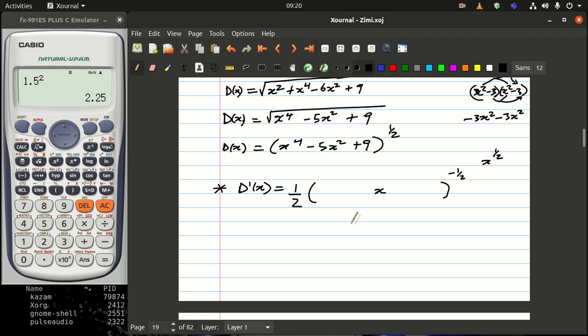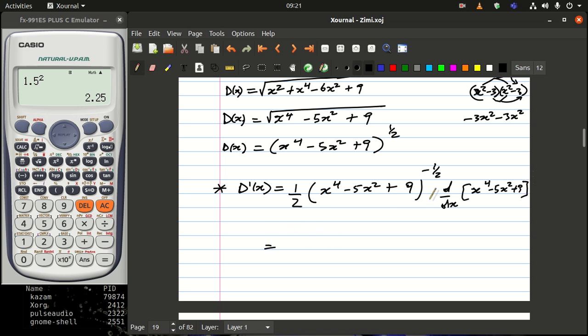But what is basically happening here is that we are not having just an x here, we are having x to the power 4 minus 5x squared plus 9. So we end up having this 1 over 2, because this is not only x, it is a function on its own, and we have to multiply by its derivative according to the chain rule. That is what is important here and what you need to remember.